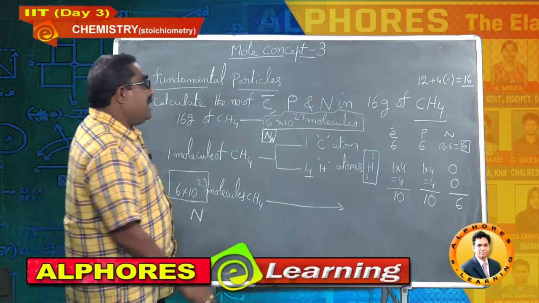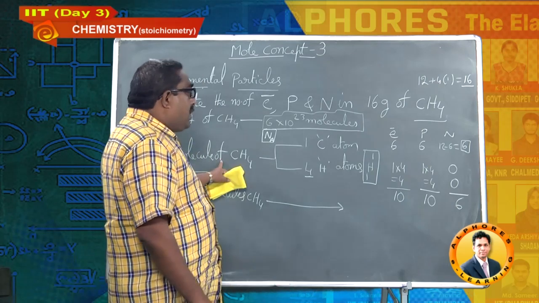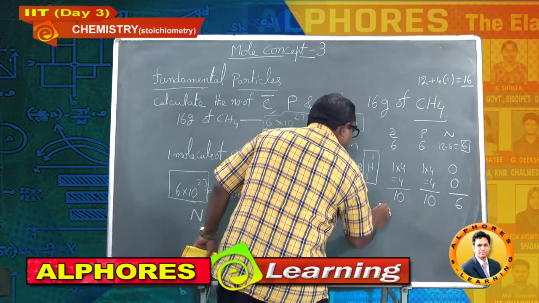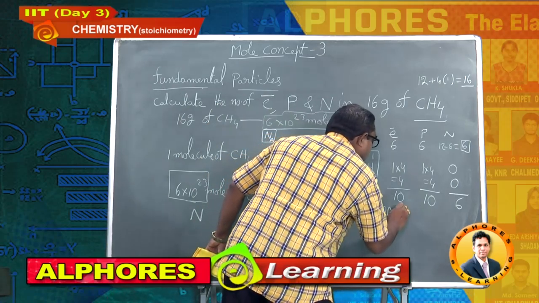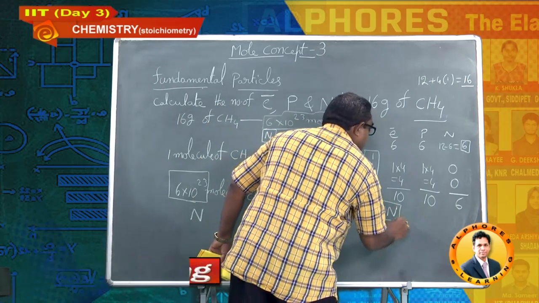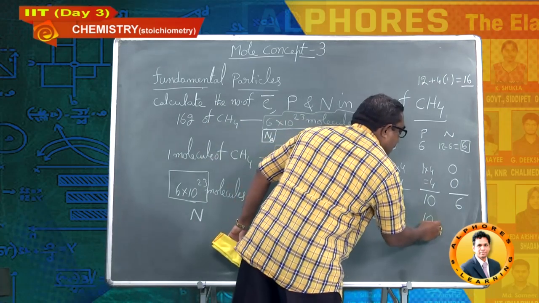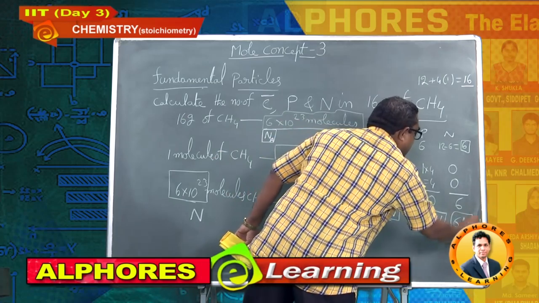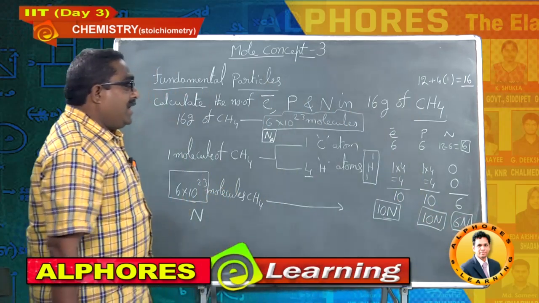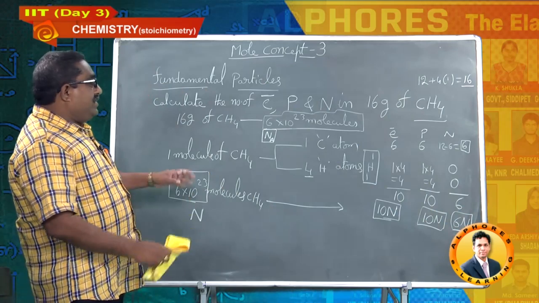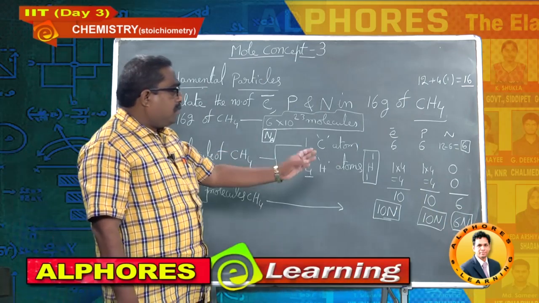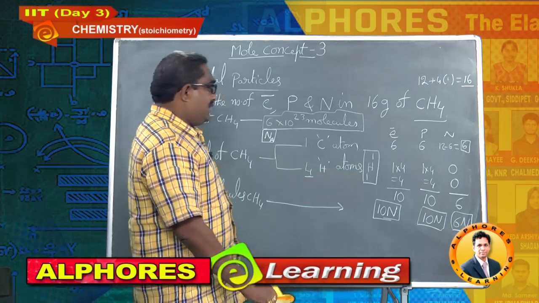No problem. So, one molecule, 10 electrons. So, N molecules, 10 N electrons. Here 10 N protons. Here 6 N neutrons. So, finally, I got the individual number of electrons, protons, and neutrons.